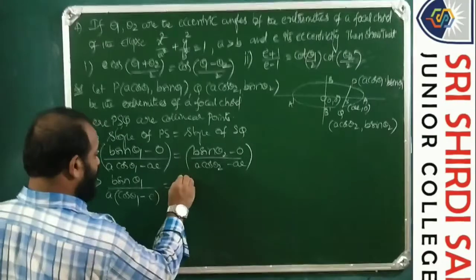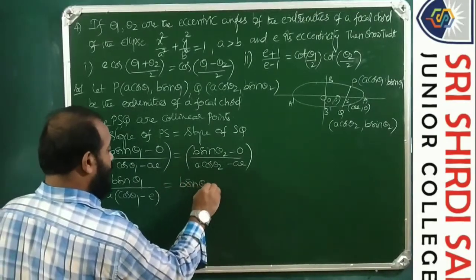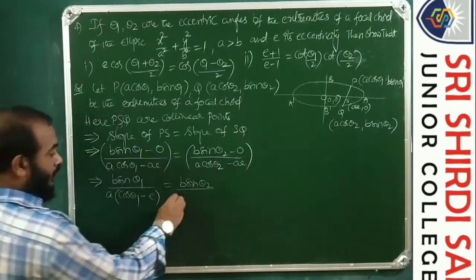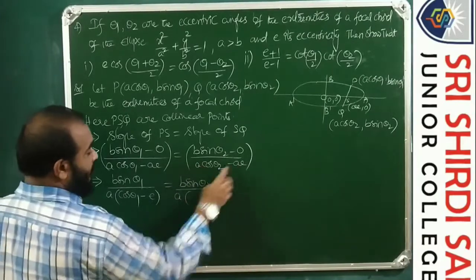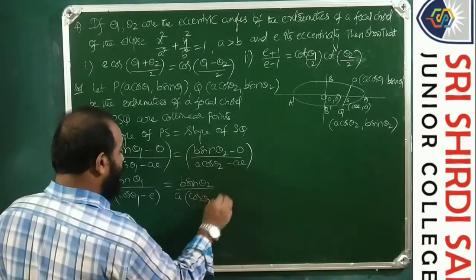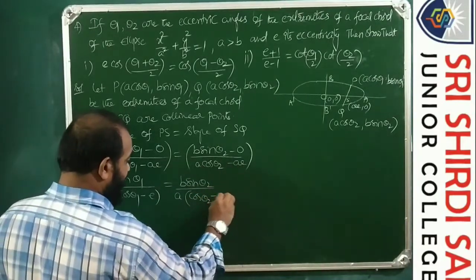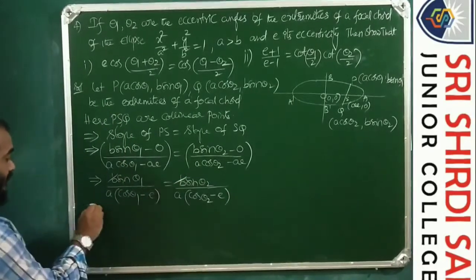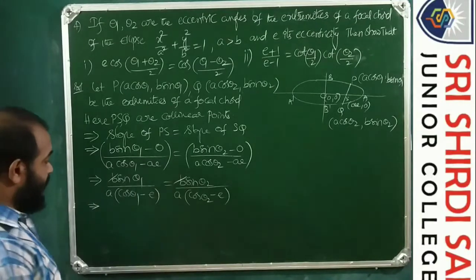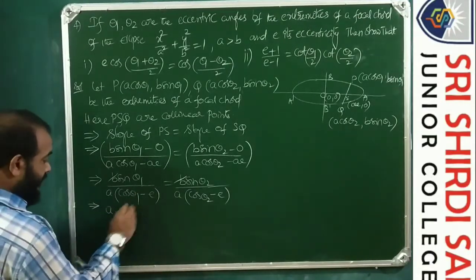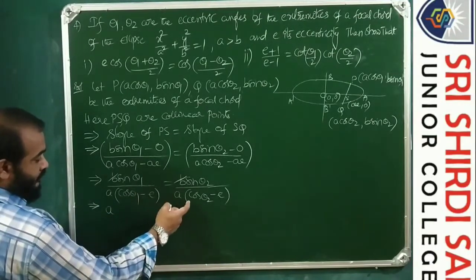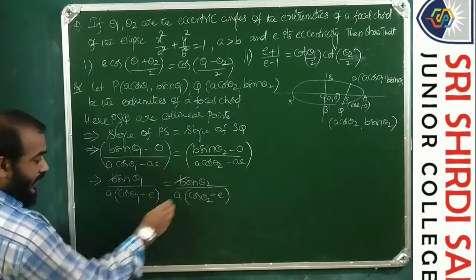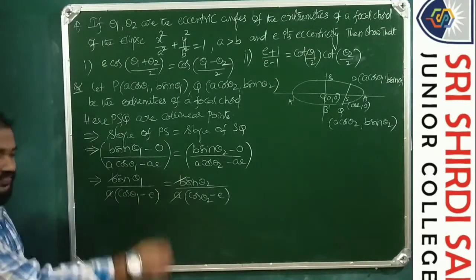This is equal to b sin theta 2 by, taking a in common, cos theta 2 minus e. So here b gets cancelled, and a also gets cancelled on both sides.